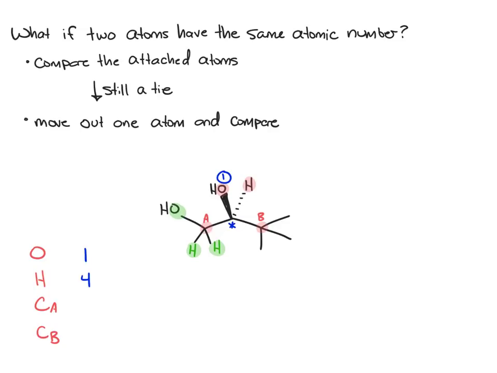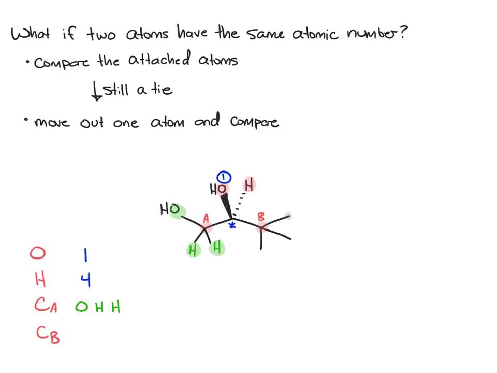So attached to carbon A, let's write what we have. We have O, H, and H. Okay, now let's look at carbon B and see what atoms are attached to it.